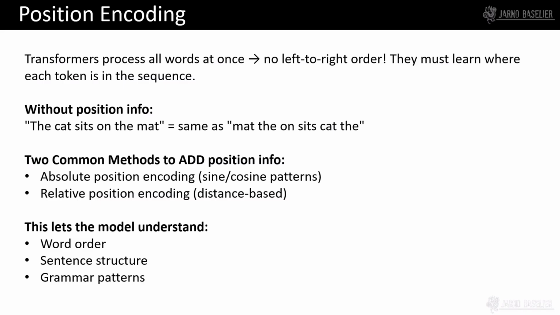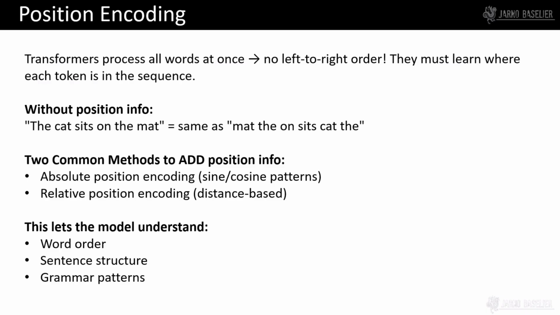Transformers process all words at once, no left to right order. They must learn where each token is in the sequence. So without position info, the sentence "the cat sits on the mat" is the same as "mat the on sits cat the," because we have no positional information about the words. There are two common methods to add position.